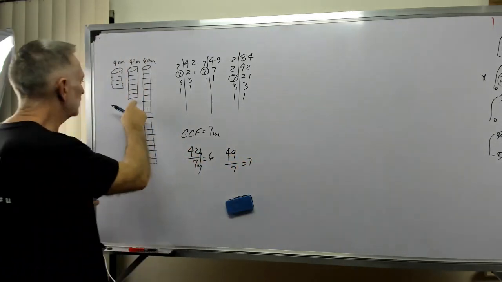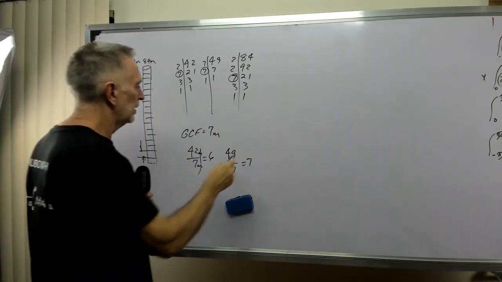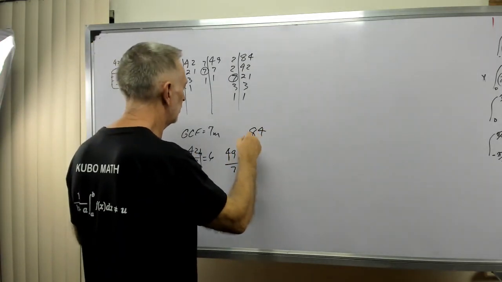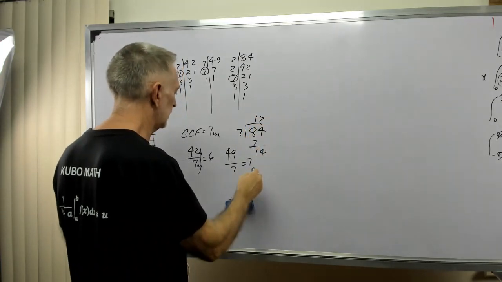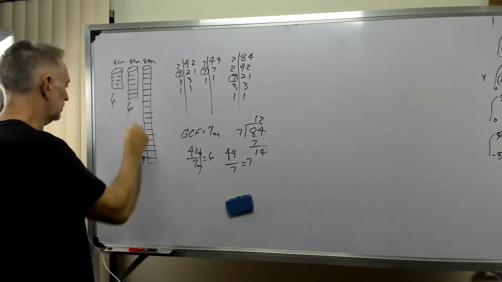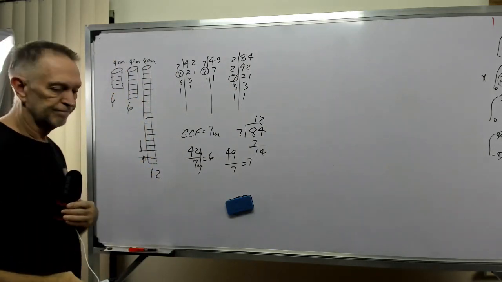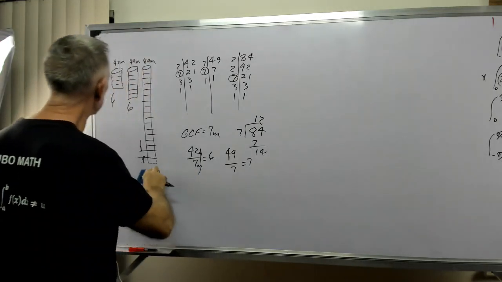So I can get 7 of the 7 meter rods out of that one. 84 divided by 7, 12. I can get 12 out of that one. So 6, 7, and 12. So that would be how we could answer that one.